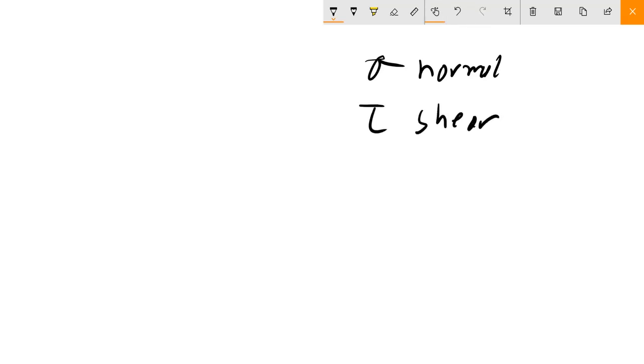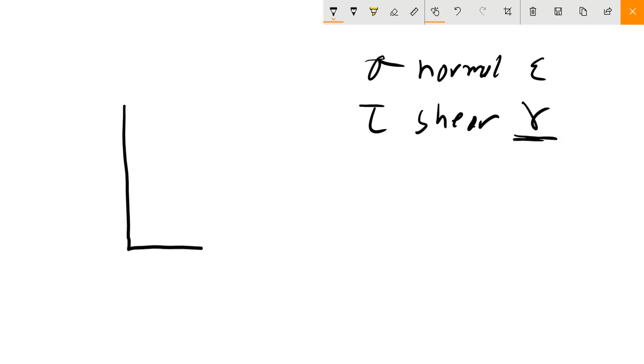For normal stresses there are also normal strains. For a shear stress there's going to be a shear strain value. So let's look at an example of how we calculate shear strain.